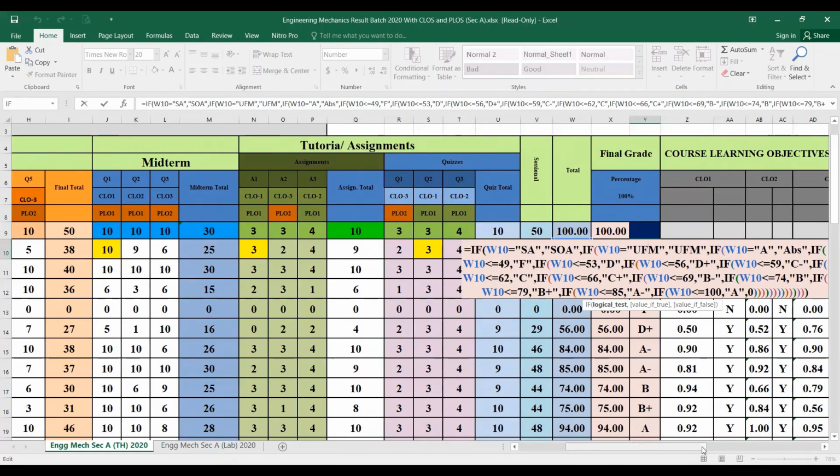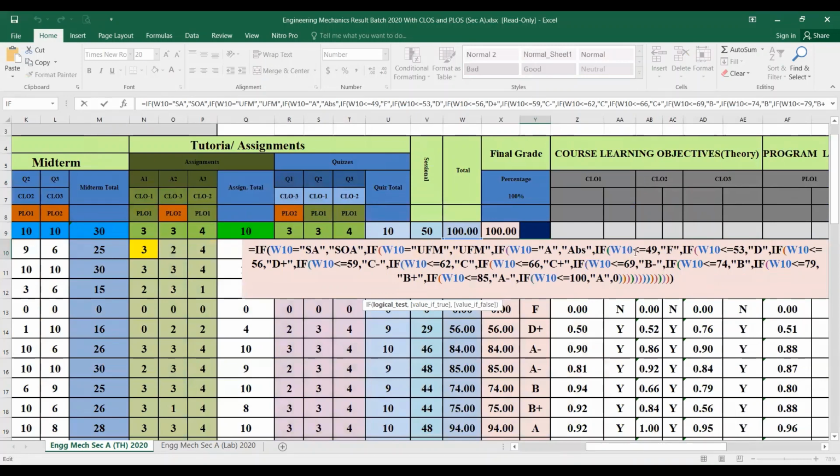If W10 is less than or equal to 49 and it is written over there SA or SOA, then obviously he or she will not get any percentage, so it will be written that SA or short of attendance. UFM, obviously he is doing some kind of cheating, so the teacher may give UFM, so you have to put UFM for that.